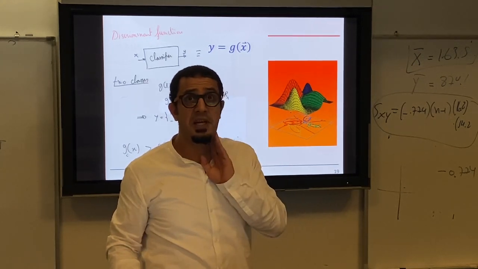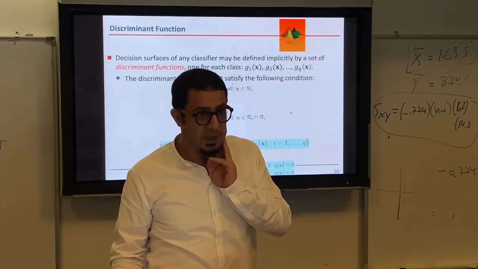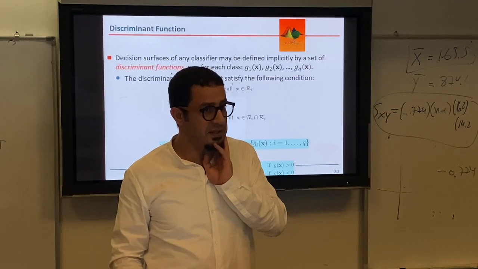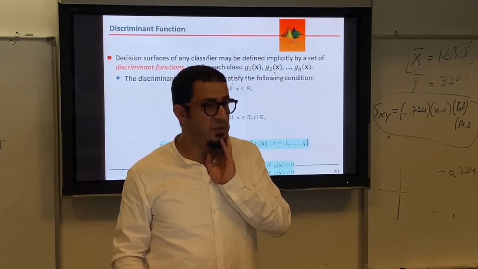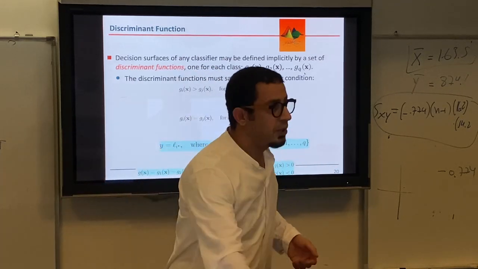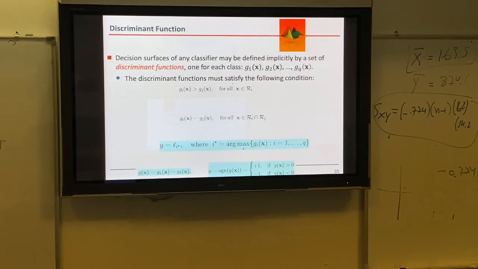Clear idea here? So now the question is how we can estimate this. We call these discriminant functions. So G1, G2, up to GQ, you can think of as the probability of belonging to each class. Let me do it in 2D and try to get the idea.